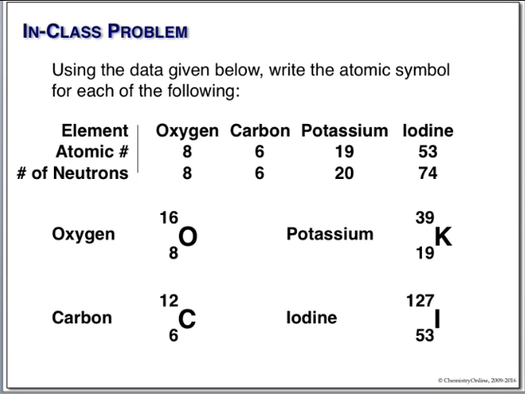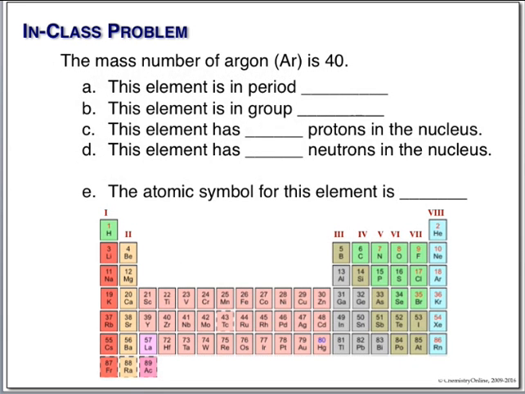All right, let's look at a couple test questions as to how this has been tested in the past, okay? Mass number of argon, argon is Ar, is 40, okay? We want to know what period it's in, what group it's in, how many protons, how many neutrons, and then write the atomic symbol for me.